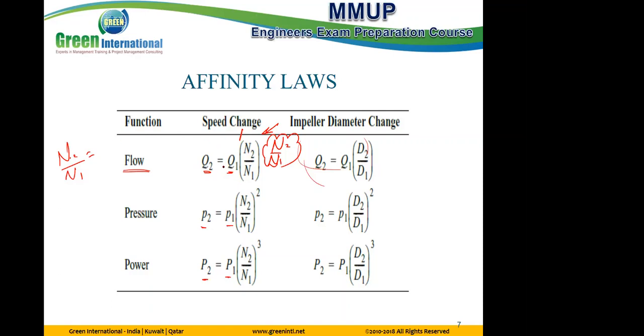Q2 by Q1. So N2 by N1 equals Q2 by Q1. And if we study it as a function of pressure, we find H2 by H1 equals N2 by N1 to the power 2. For the last relation, we find power 2 by power 1 equals N2 by N1 to the power 3. Means all the same, but one with no power for flow, second with power 2 for pressure, third with power 3 for power.